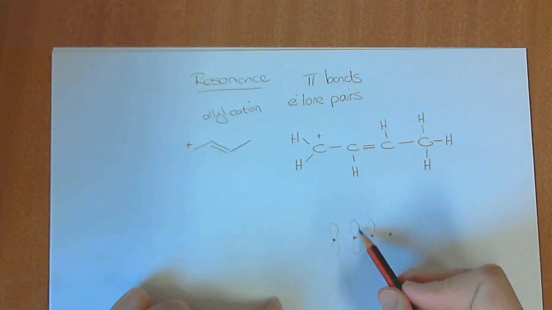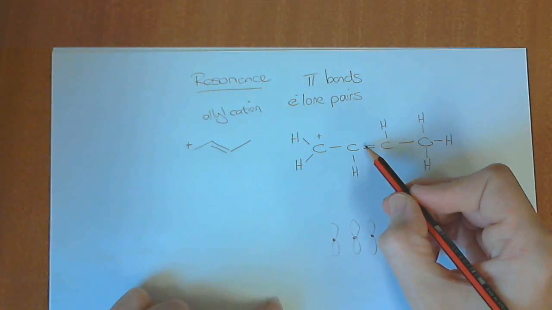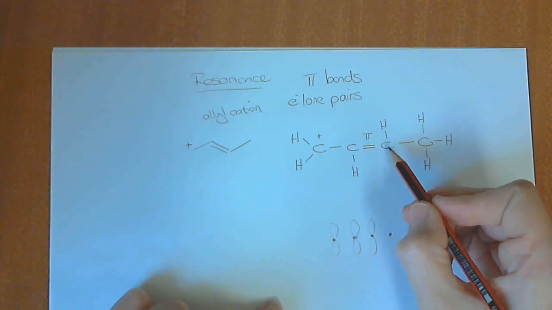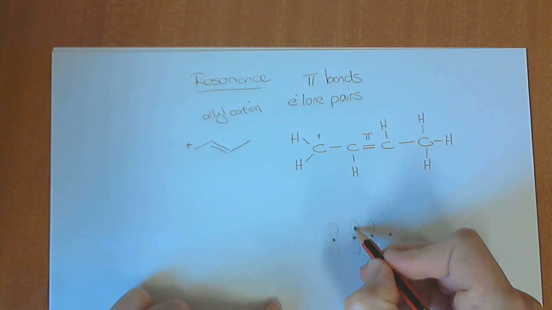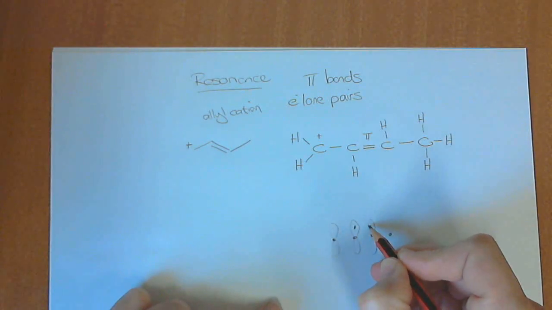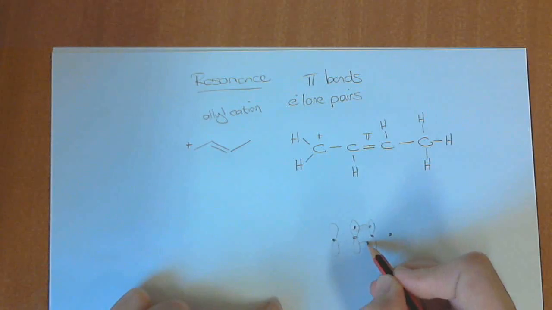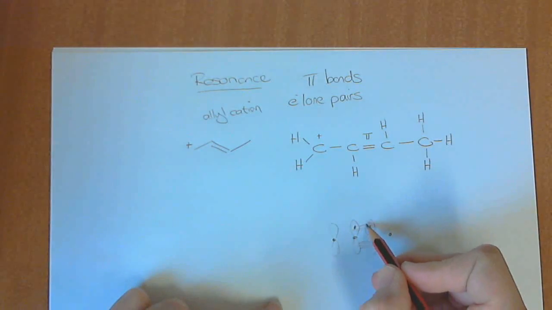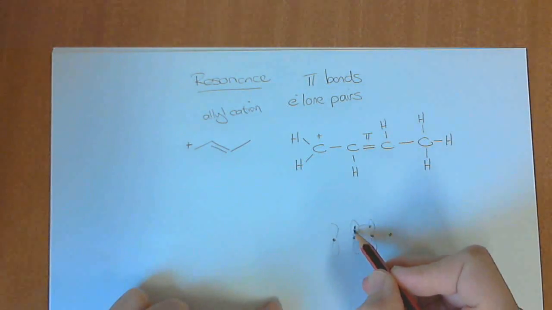Now these 2 p orbitals over here form part of this pi bond that we have, this double bond, and so the 2 electrons that are in those orbitals are shared together and they are connected like that. But what can happen in resonance is that those 2 electrons, instead of being shared between those 2 orbitals, can shift across.